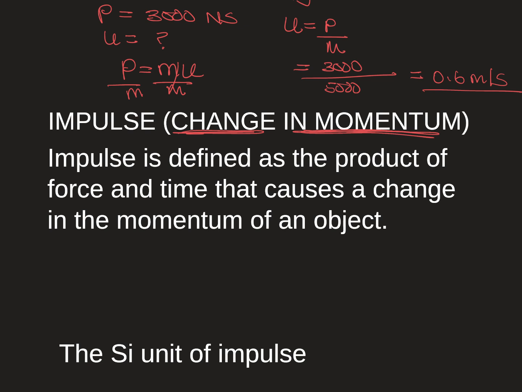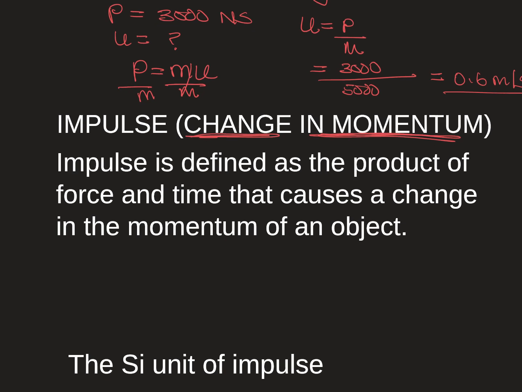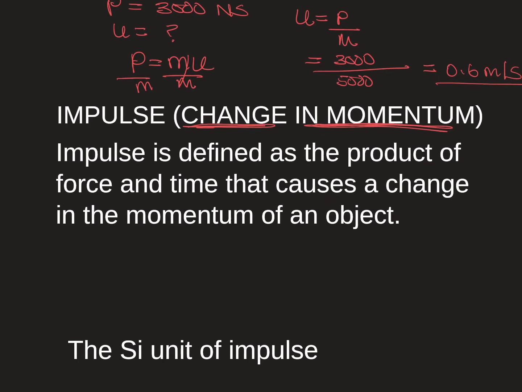Okay, but let's try to define it first. What is impulse? Impulse is defined as the product of force and time that causes a change in the momentum of an object. So impulse is equal to force multiplied by the time.